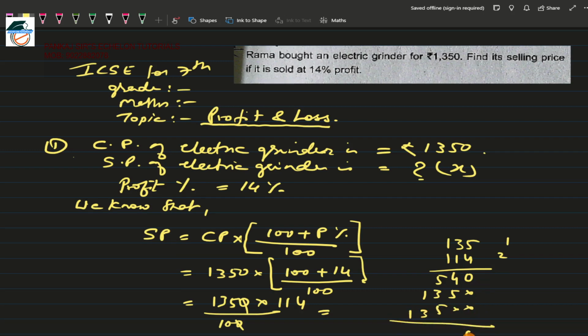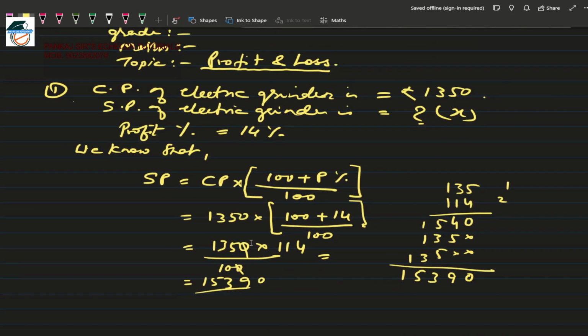When you add this, you get 0, you get a 9 over here, you get 5 plus 5, 10 plus 3, 13 over here, 1 carried, 3 4 5, and 1 over here. So the answer that you get for this is 15390 divided by 10, isn't it?